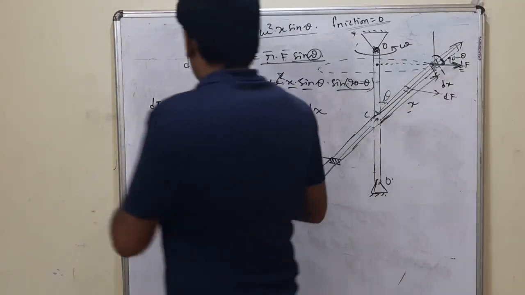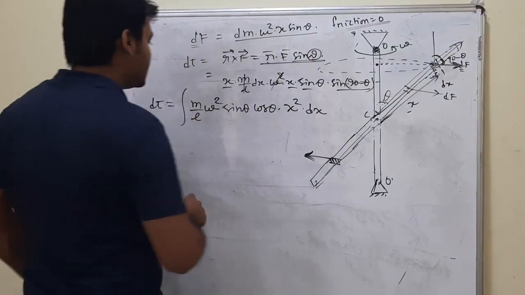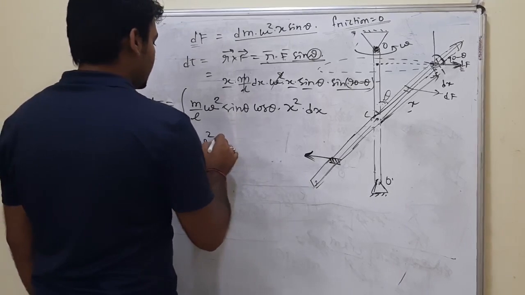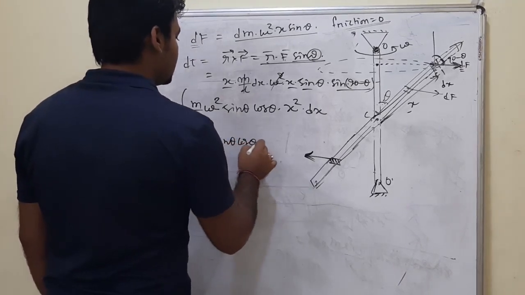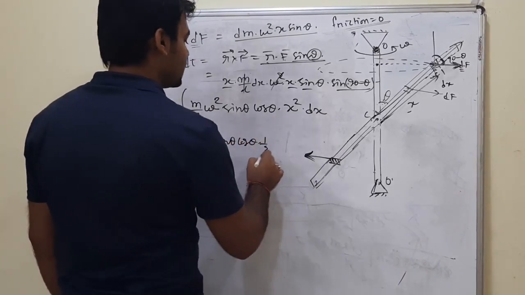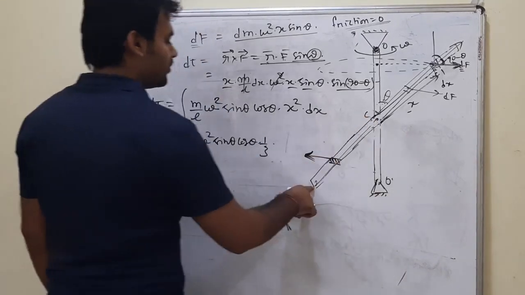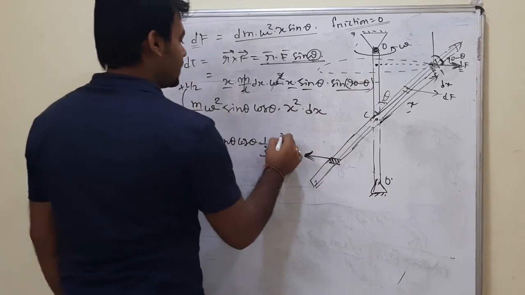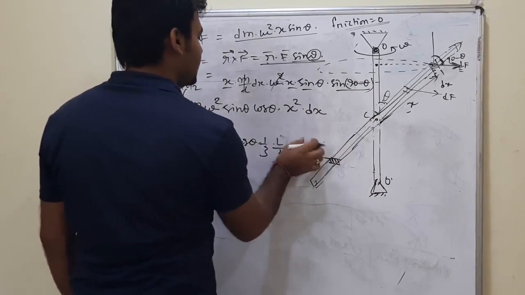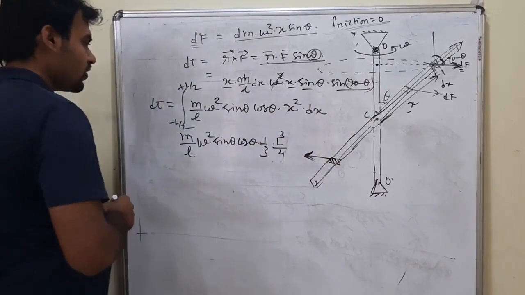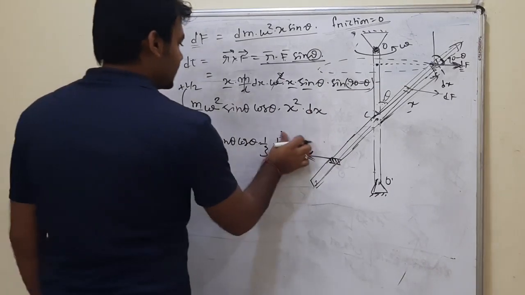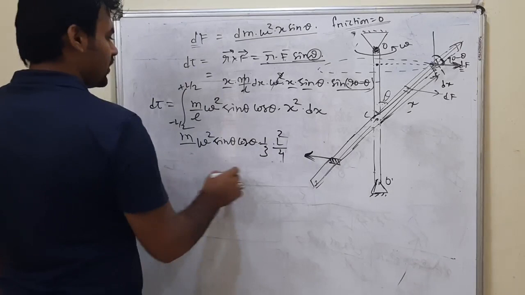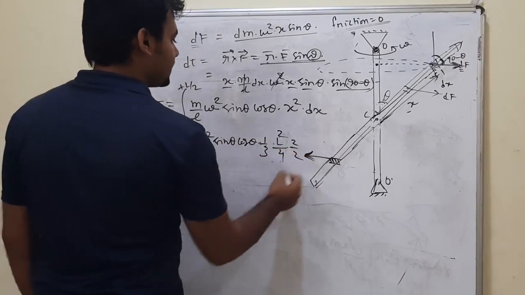So we can directly integrate this expression. It will be m by l into omega square into sin theta cos theta. Here it will be x cube by 3, and we have to put the limits from minus l by 2 to plus l by 2. Solving it, it will be l cube by 4. Okay, so here it is l and then it will be l square, and this is 4 3 12. We can multiply and divide the expression by 2.